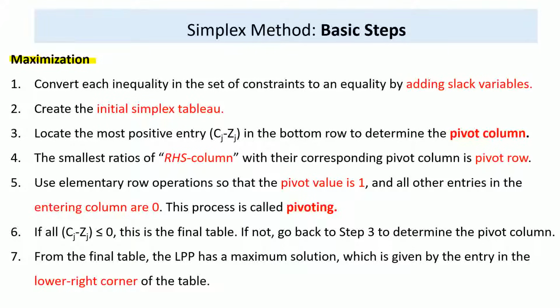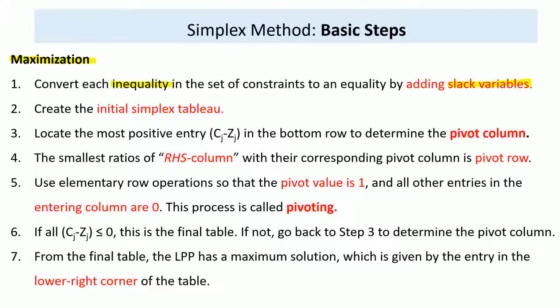The first step in this case is to convert each inequality, meaning less than or equal to, greater than or equal to, and so on, in the set of constraints to an equality by adding slack variables. By the way, in the case of maximization, we have to add slack variables to make less than or equal to into equal to. In the case of minimization, we have to add a surplus variable on greater than or equal to to make it an equality.